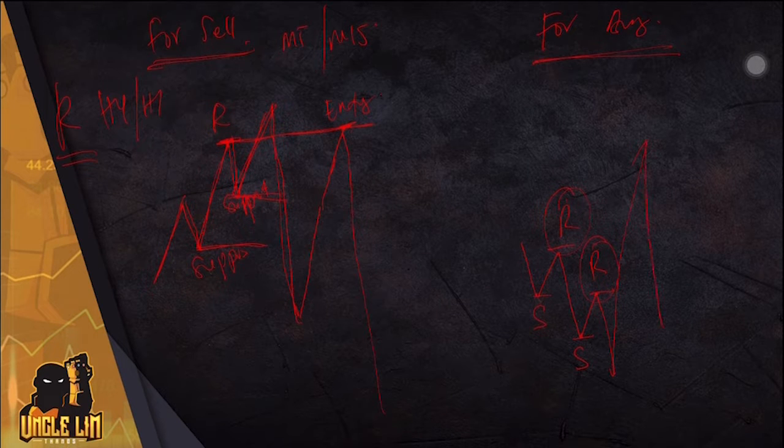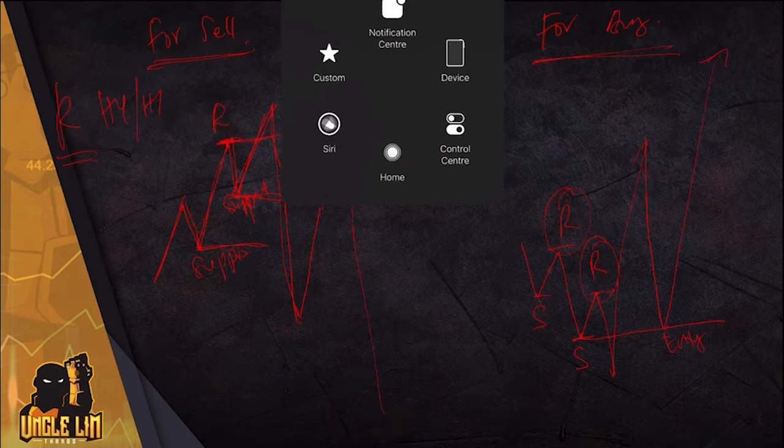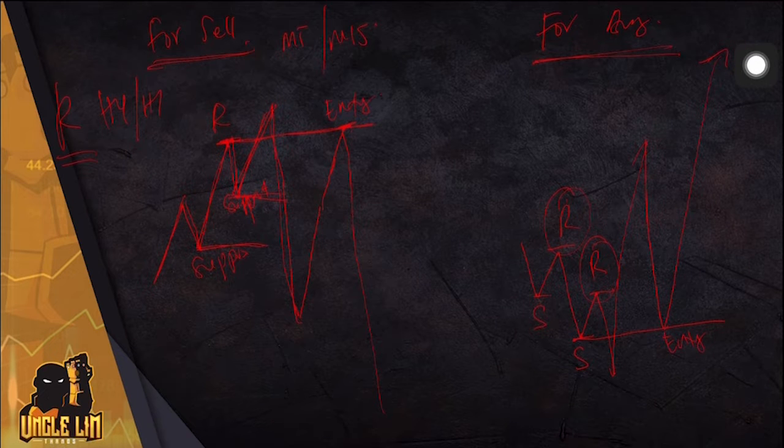So when the price pulls back to this support level, we will entry. So the condition is it must break 2 supports for sell and 2 resistances for buy, and this pattern happens at M5 or M15.